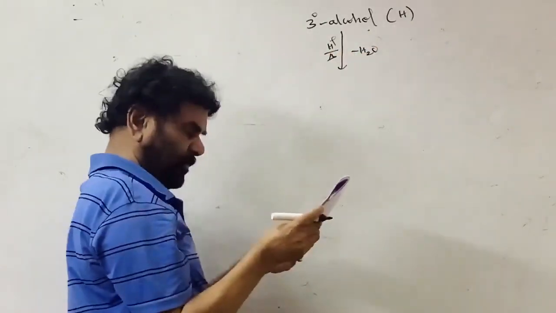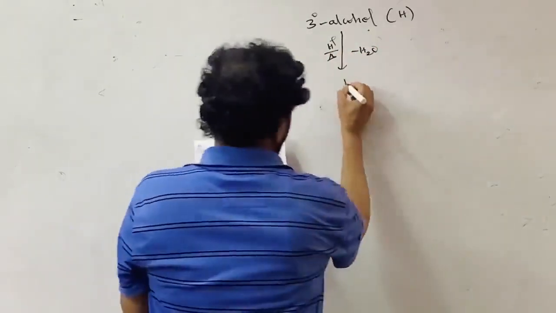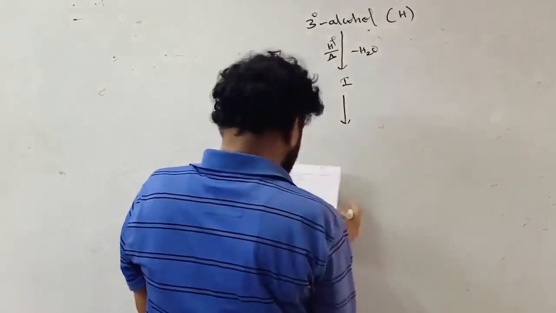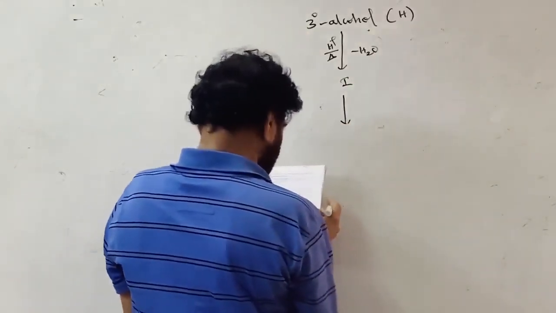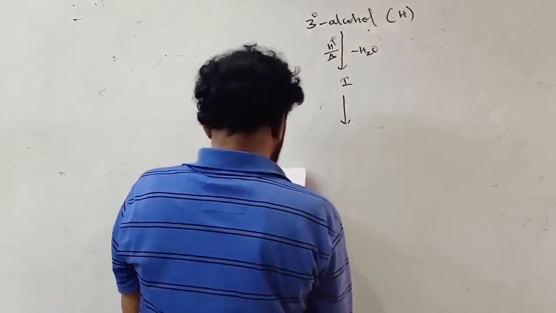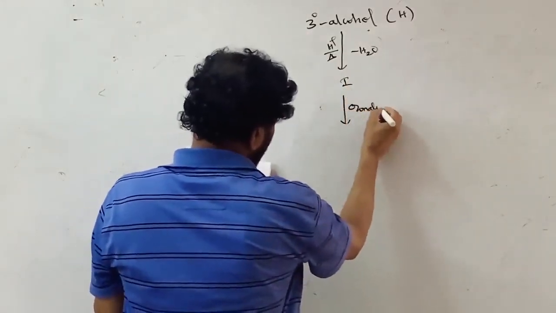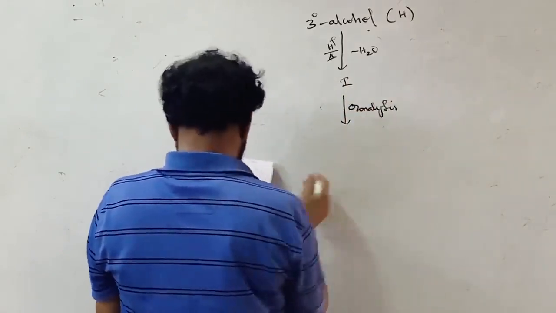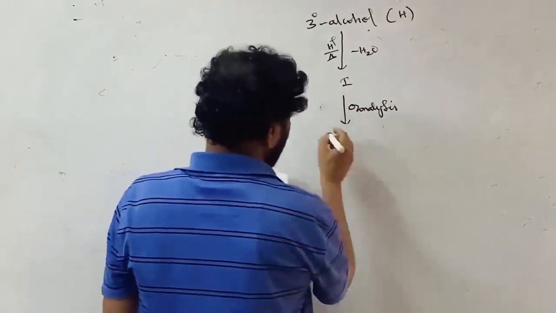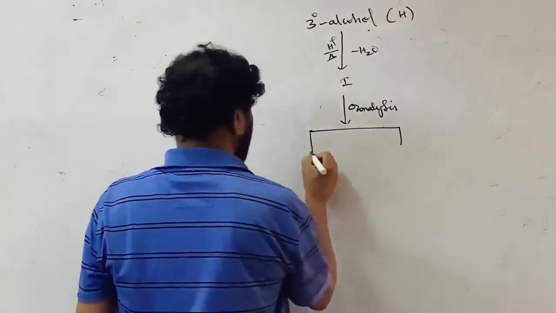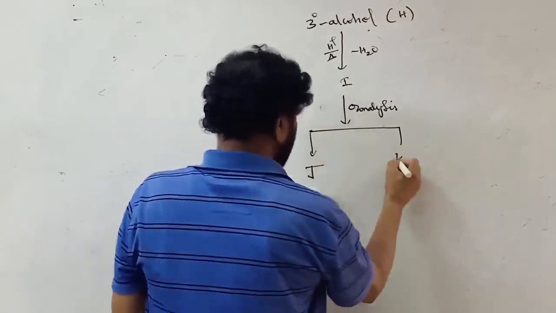On I, ozonolysis is carried out and leads to the compounds J and K. The alkene is ozonolyzed, that gives J and K. This is K.